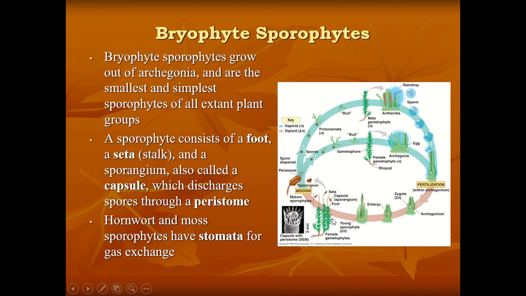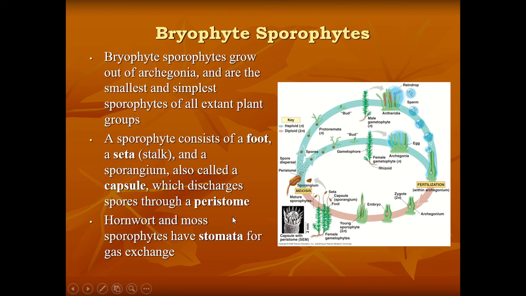And the sporophytes of the mosses, remember, have a foot and also a seta here, which is referred to as the stalk, and they also have a capsule, inside which is a sporangium that will discharge spores later through a peristome over here.